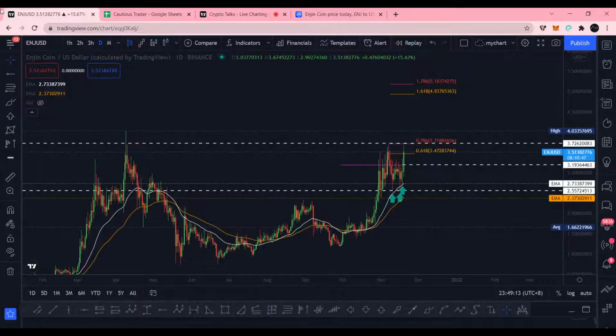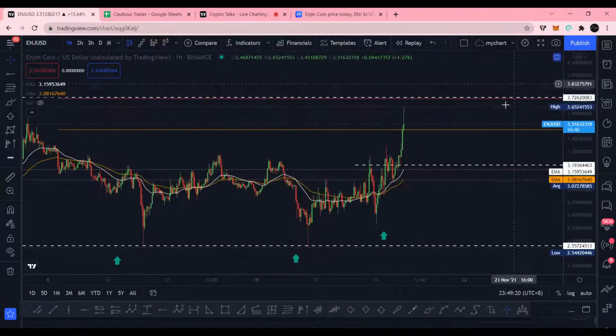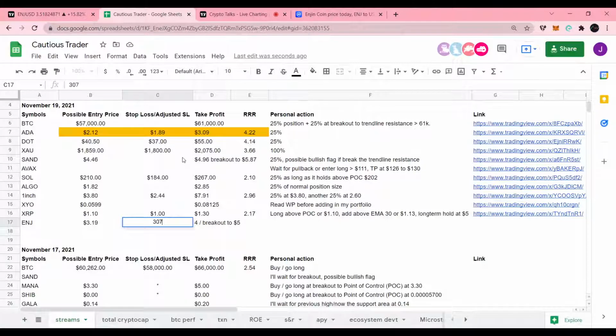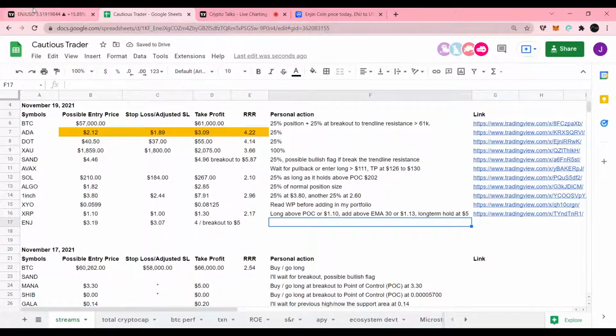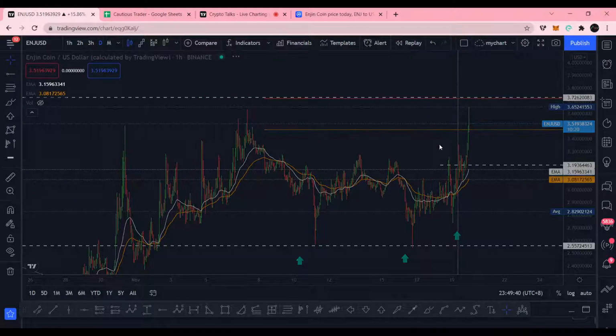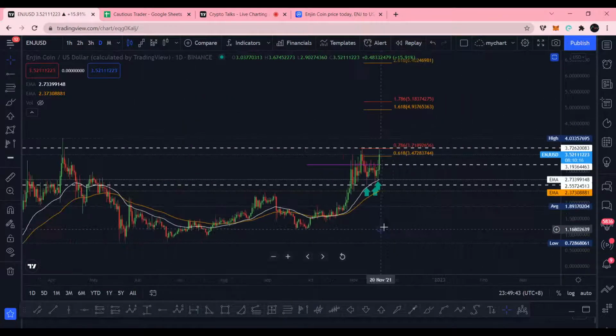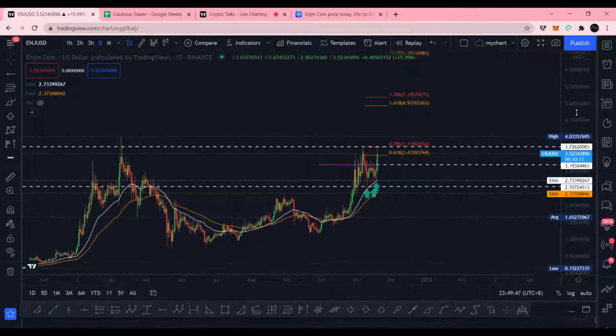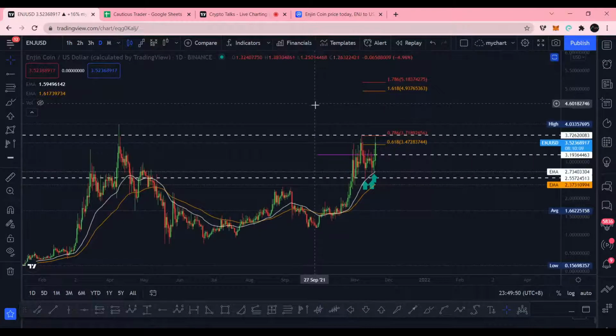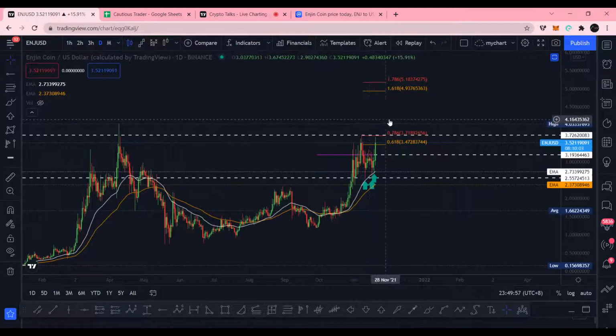So stop loss 3.07. Kasi it might go hyper bullish at this area after the all-time high.